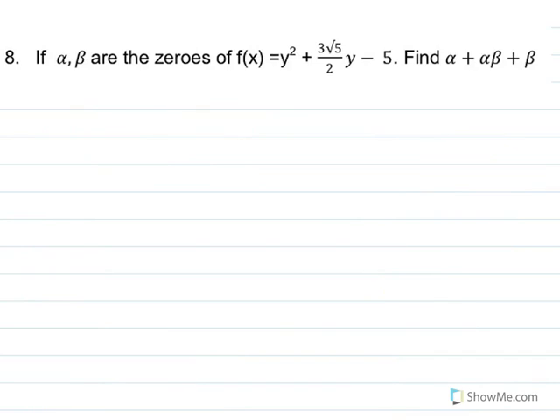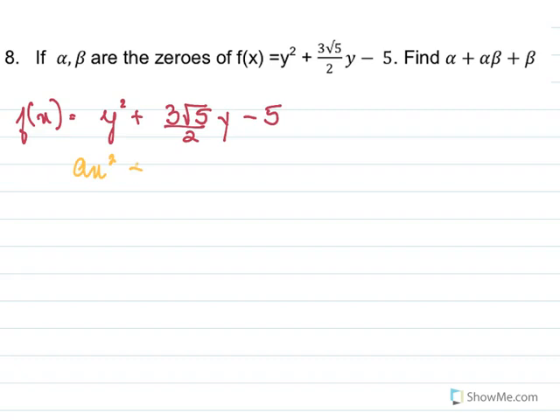If alpha beta are the zeros of f of x, find alpha plus alpha beta plus beta. So we have f of x equal to y square plus 3 root 5 by 2 y minus 5. Let's find the coefficients.